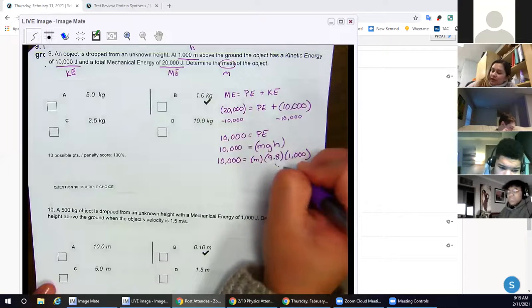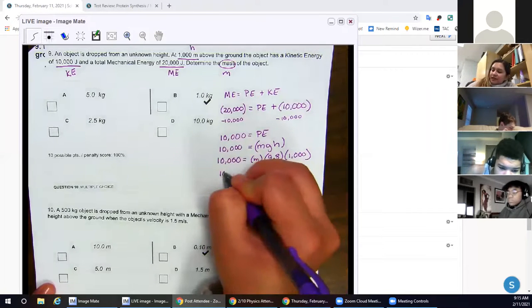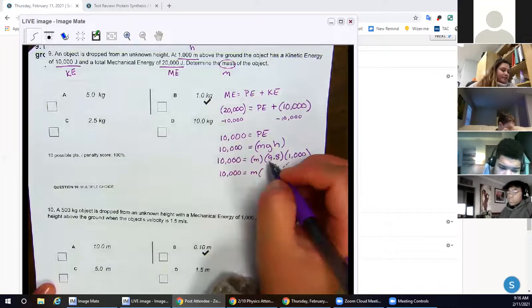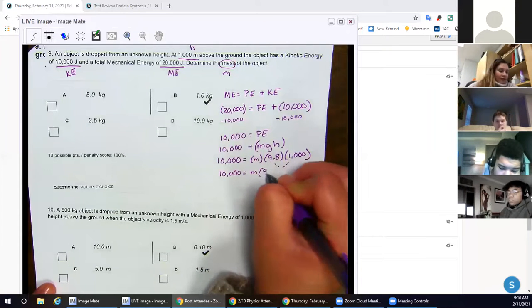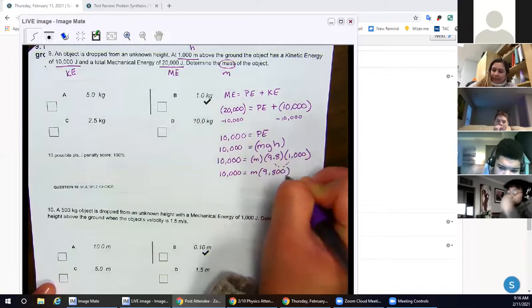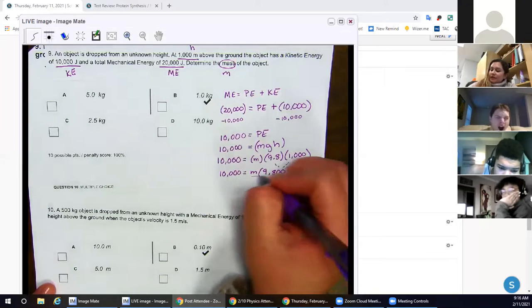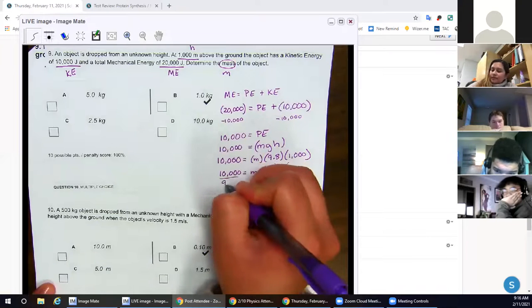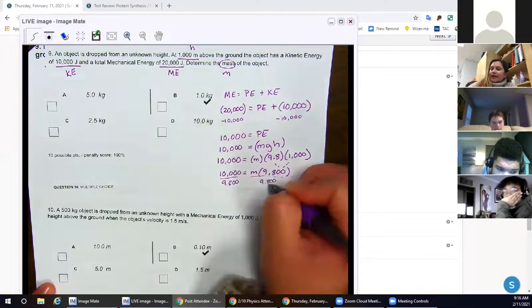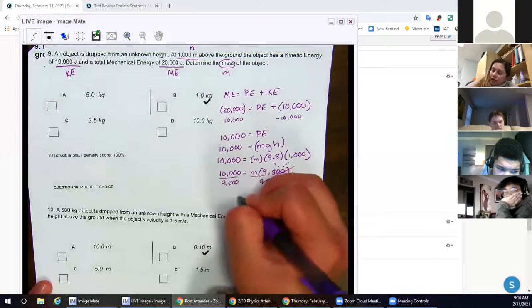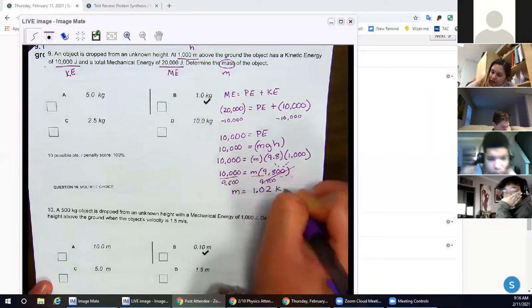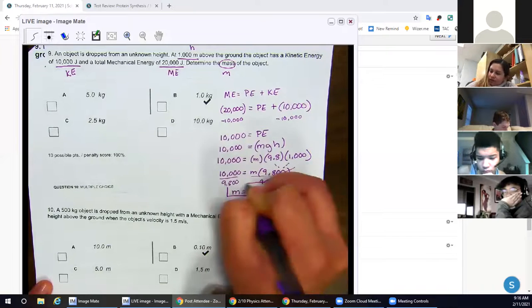So 9.8 times 1,000, you have 10,000 equals mass times 9,800. And then you're just going to divide both sides by 9,800. That cancels out on your right. Your mass is equal to 1.02 kilograms, which rounds to 1.0.